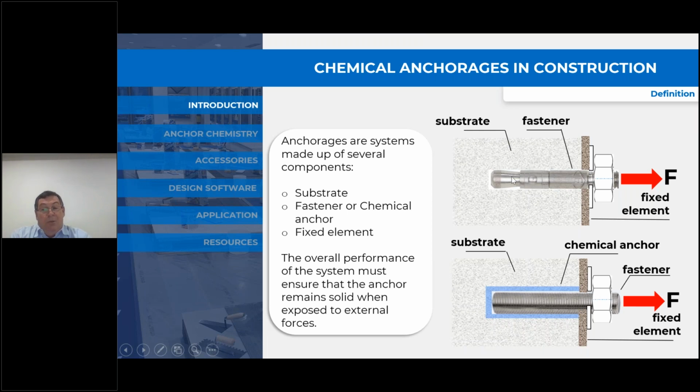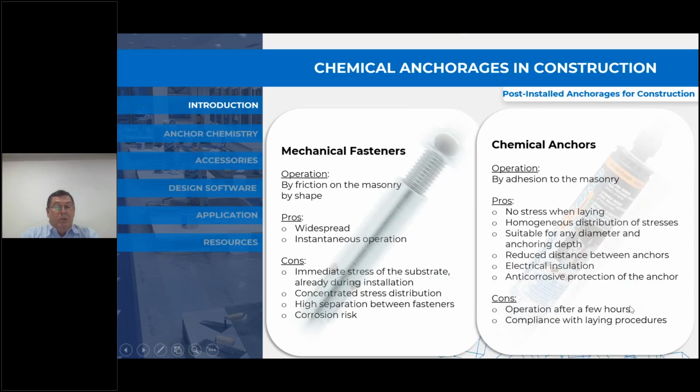Here you'll see a dynabolt scenario, and here is a chemical anchor adhesive. So when you talk about mechanical fasteners, their operation is by friction onto the masonry or the concrete. The main areas are very widespread, and it's an instantaneous operation.